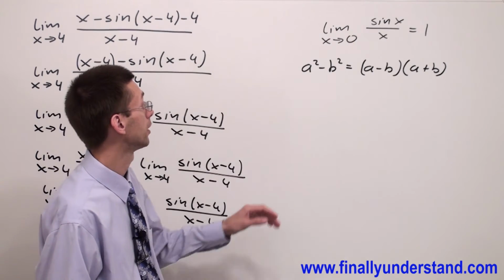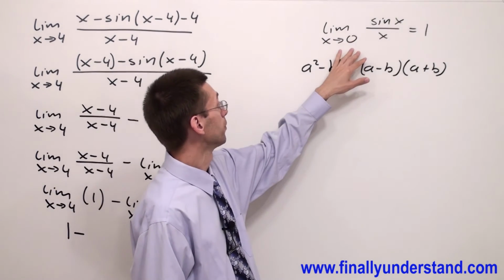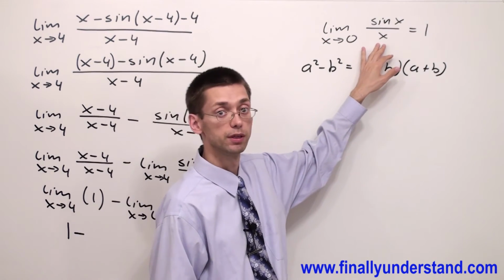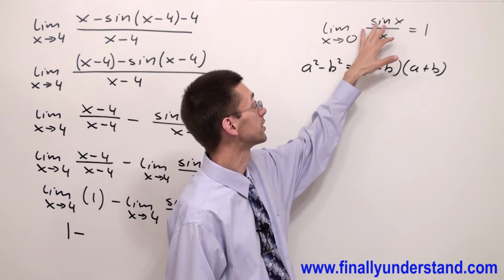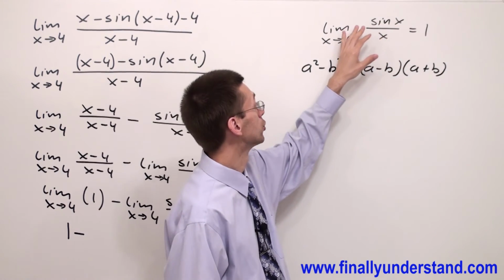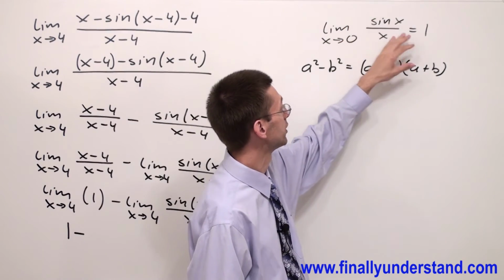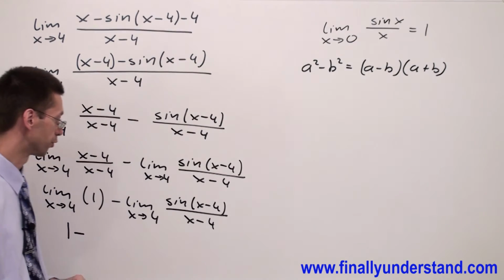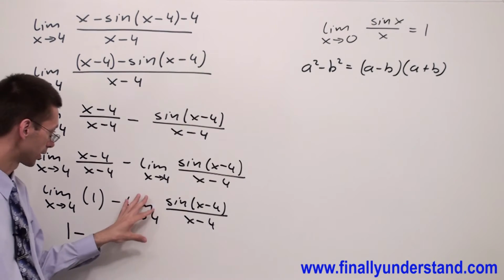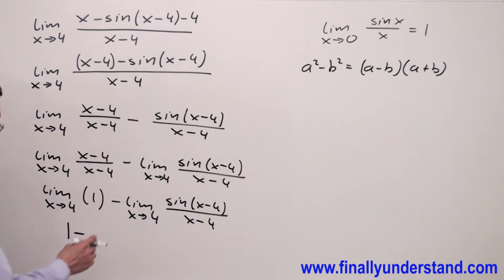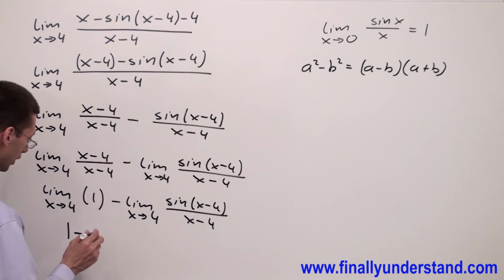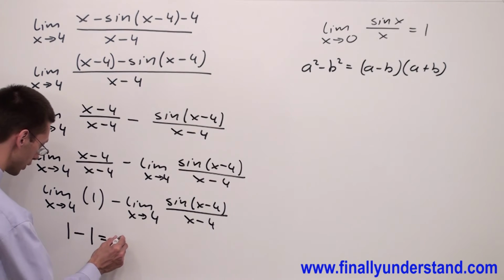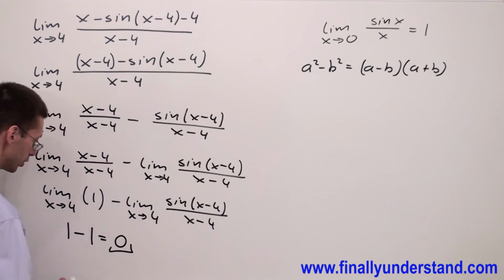The fundamental theorem for limits says that if x is approaching 0, with x in the denominator and sine x in the numerator, the whole expression is approaching 1. I have to apply this fundamental theorem to my problem. That's why this part is going to be equal to 1, and 1 minus 1 is equal to 0. This is the solution to my problem.